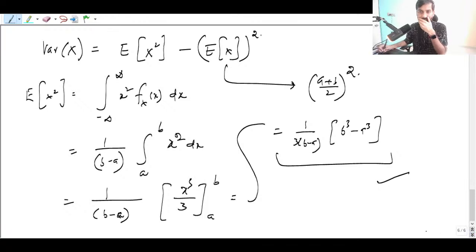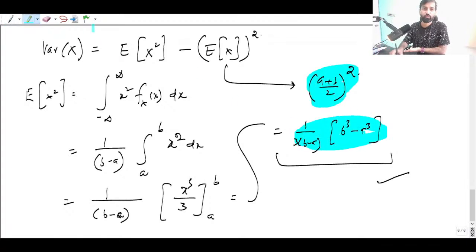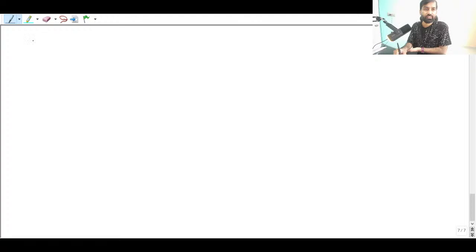Next is what we can do here is we can plug these results into the variance formula. Okay, so this is a useful formula. Remember to directly compute the variance. So variance of x is going to be, in the exam you don't have to derive for uniform random variables.